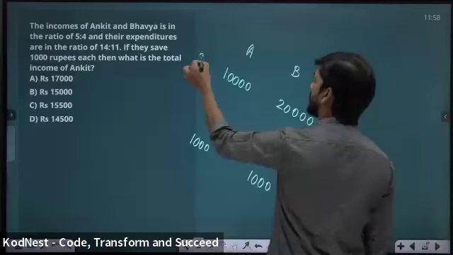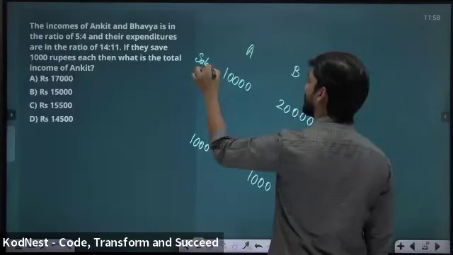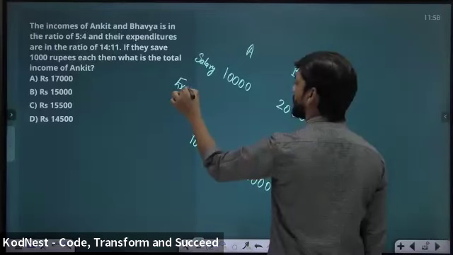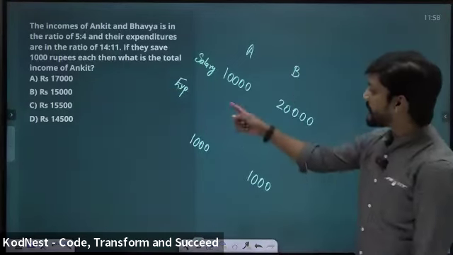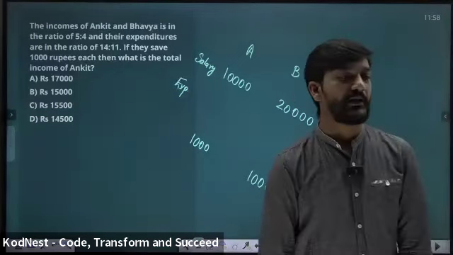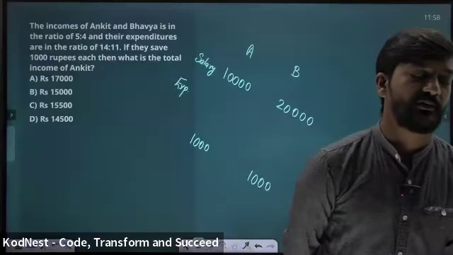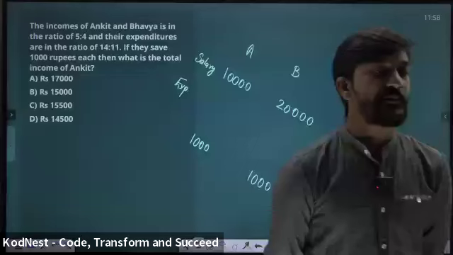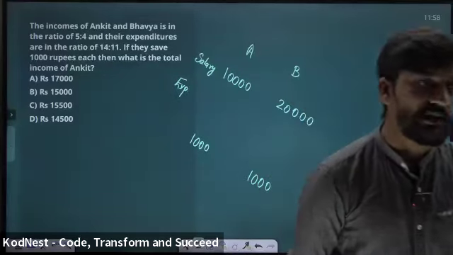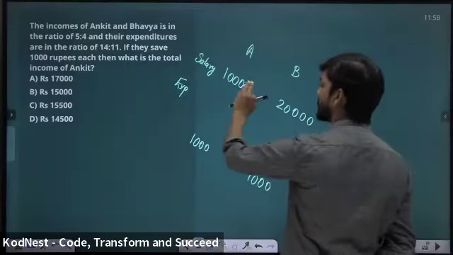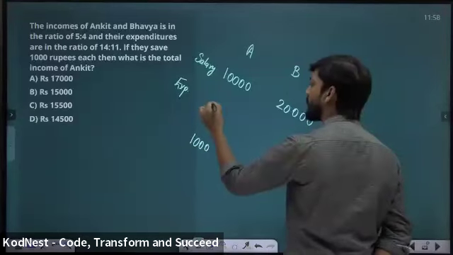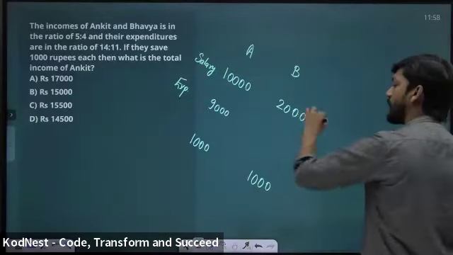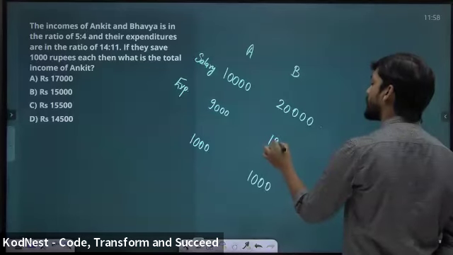So this is salary, income. Now tell me, if savings is 1,000, how much is expenditure of A? 9,000. Okay. Salary is this, 1,000 savings, so remaining 9,000 you are spending, right? In this case, 20,000 minus 1,000, 19,000 you are spending.